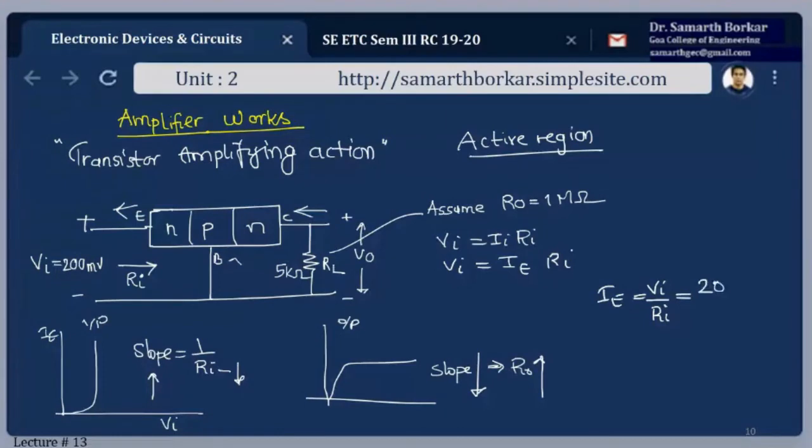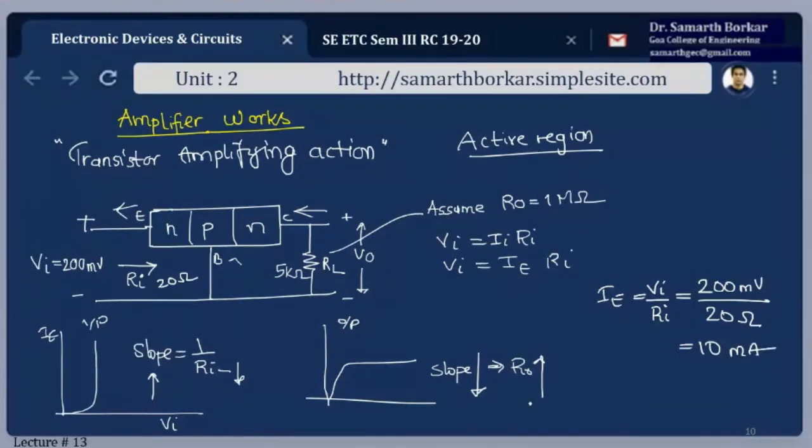Vi is 200 millivolts, and from the diode characteristics, the input resistance is typically 20 ohms. Divided by 20 ohms, the answer is 10 milliamperes.